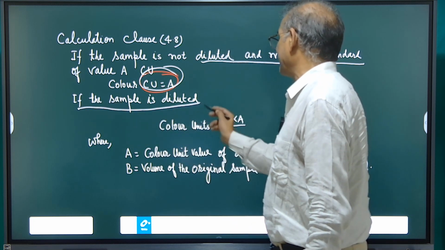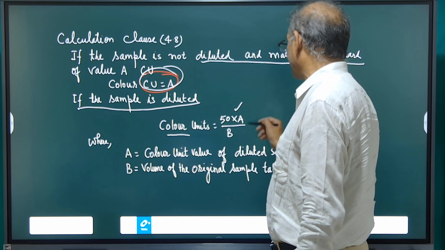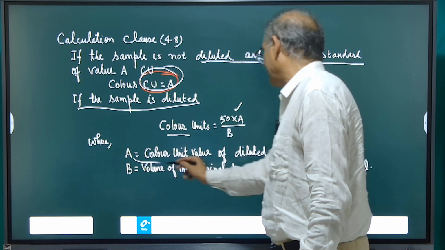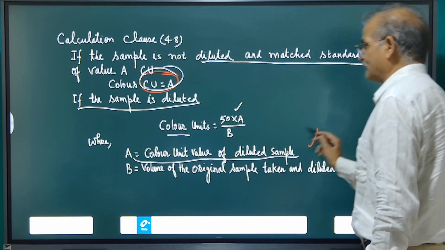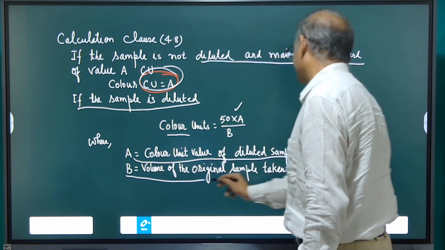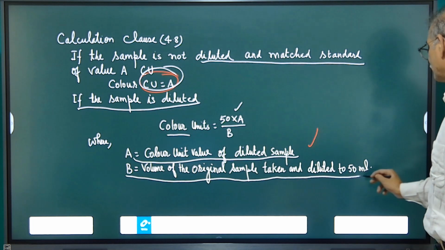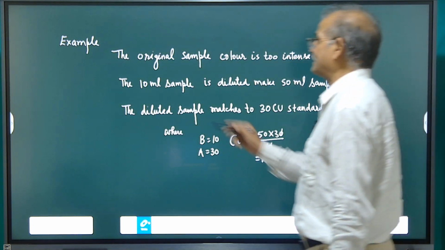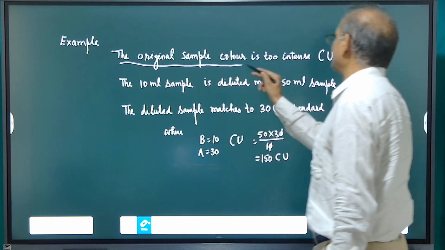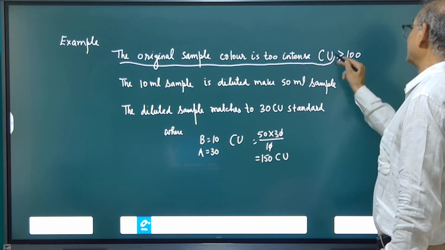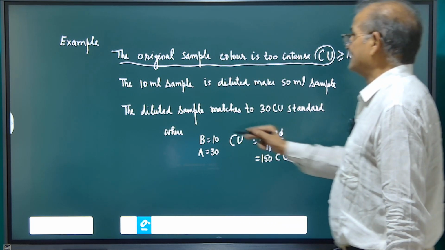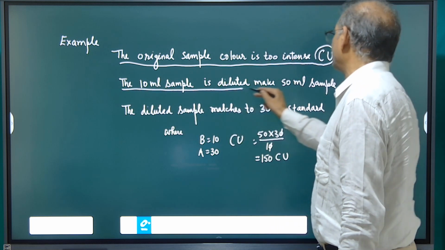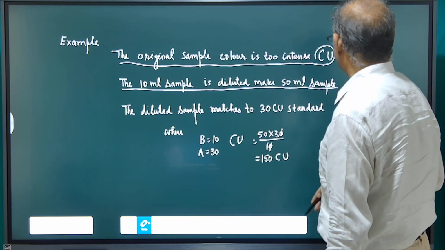If the sample is diluted, color unit is 50 into A divided by B, where A is the color unit value of the diluted sample, and B is the volume of the original sample taken and diluted to 50 ml. With an example we can understand: the original sample color is too intense, the color unit is greater than 100. A 10 ml sample is diluted to make a 50 ml sample.